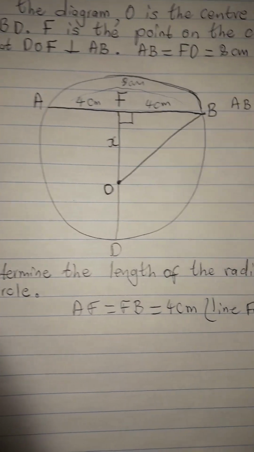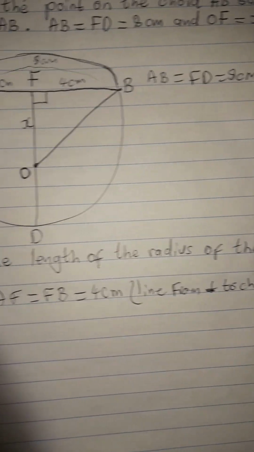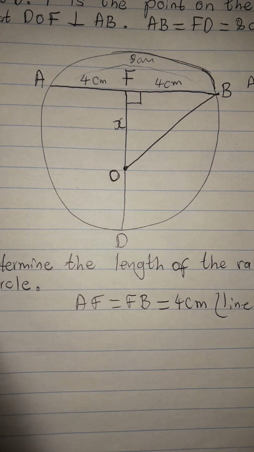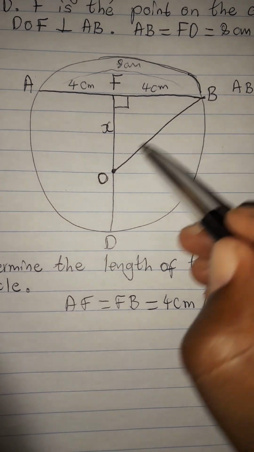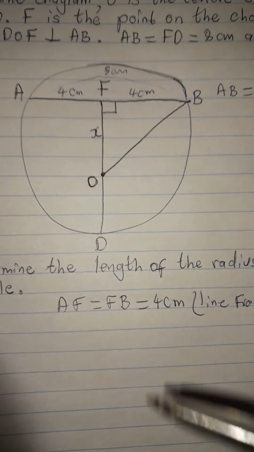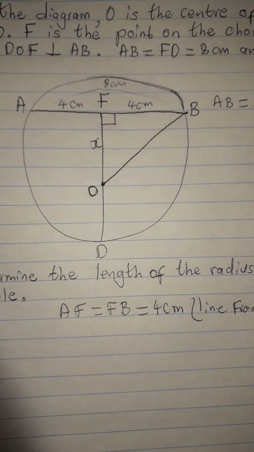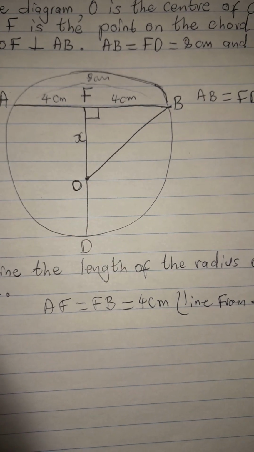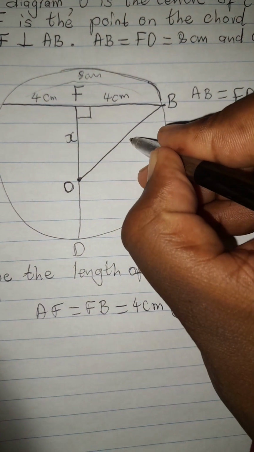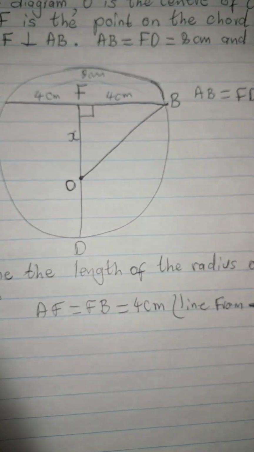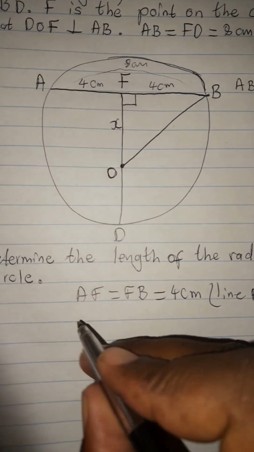The question says determine the length of the radius of the circle. So they're talking about OB and OD, those are the radii. How do we find the length? We can see that OB is missing, so we can apply the theorem of Pythagoras.